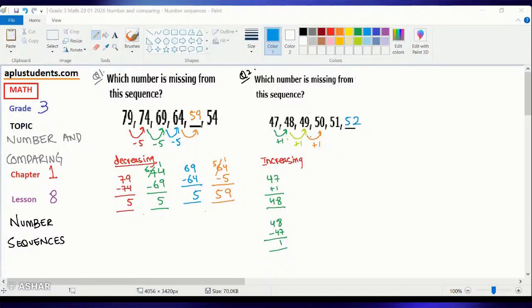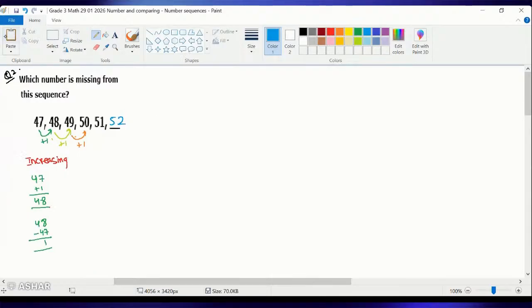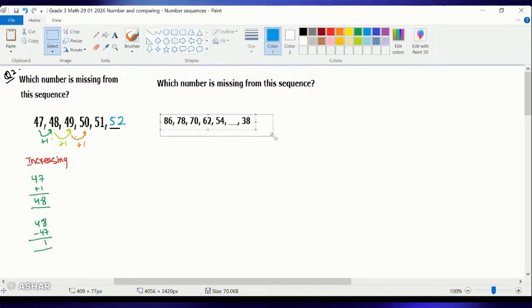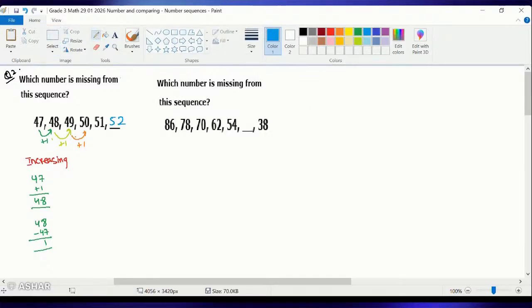The sequence given in question number 3 is, I'll just copy it over here. This is the sequence given to us. Let's copy down the sequence. Okay. So is this increasing or is it decreasing? That's most important for us, right?